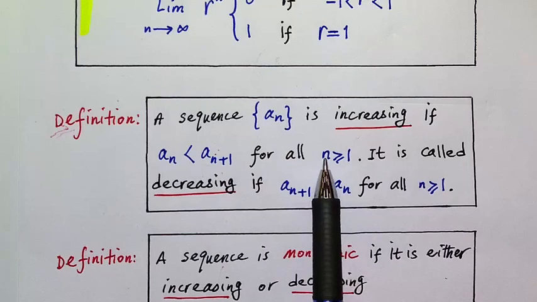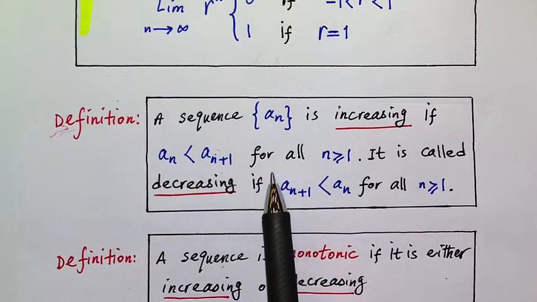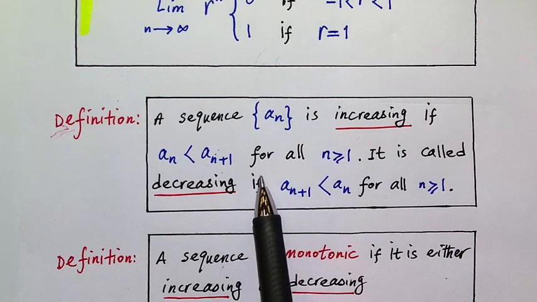N basically represents the position of a number in the sequence, which we saw a basic introduction of in pre-calculus 1 or Math 126 if you took that course here.